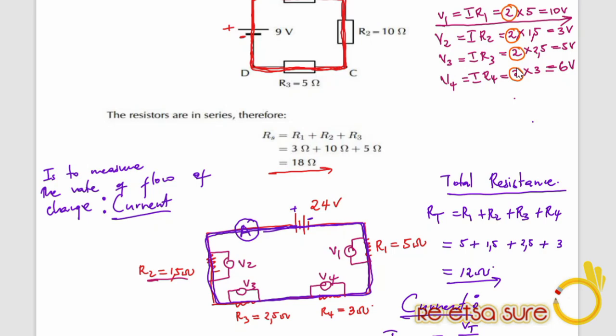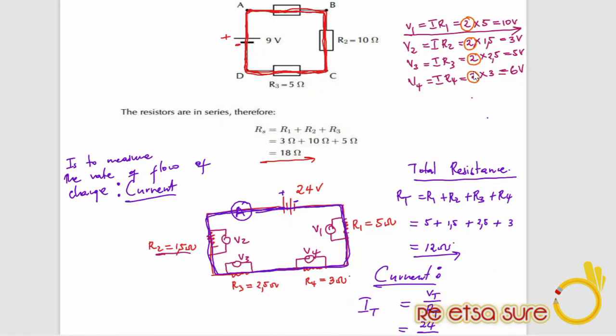It tells us that the current throughout the circuit is the same. Therefore, I total is equal to I1 is equal to I2 is equal to I3 is equal to I4. Are we together? Yes.